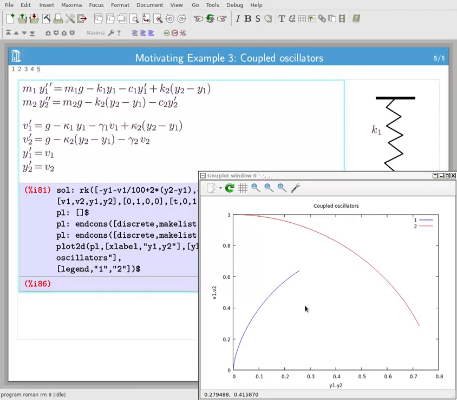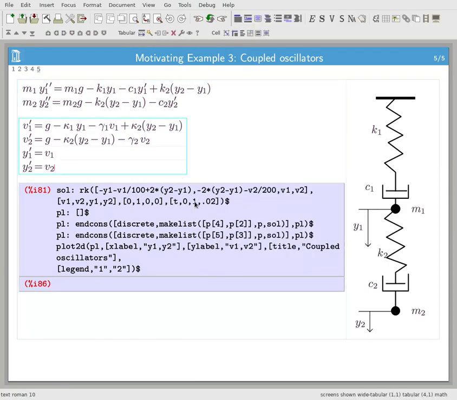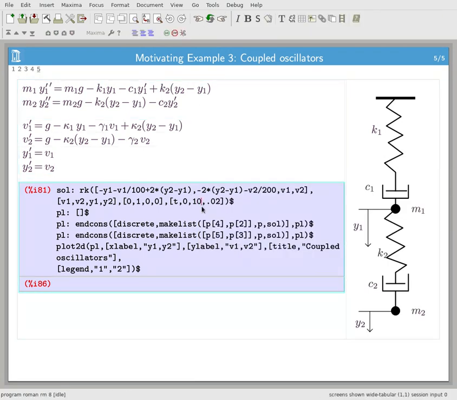This type of phase portrait is very illuminating in terms of getting an appreciation of the richness of behavior that can occur in these systems of differential equations, such as arise from coupled oscillators. Let's push this integration out forward in time. Right now we're integrating up to 1, but let's push the integration time out all the way to 10.